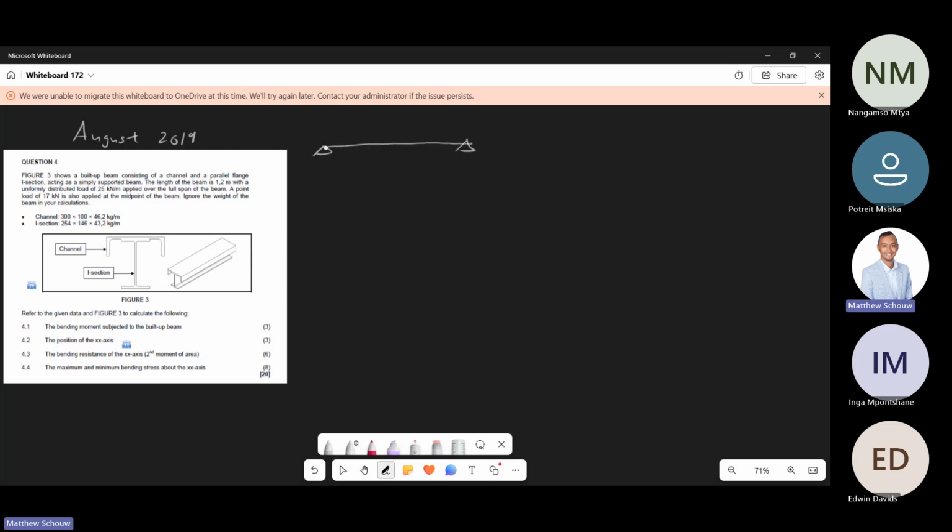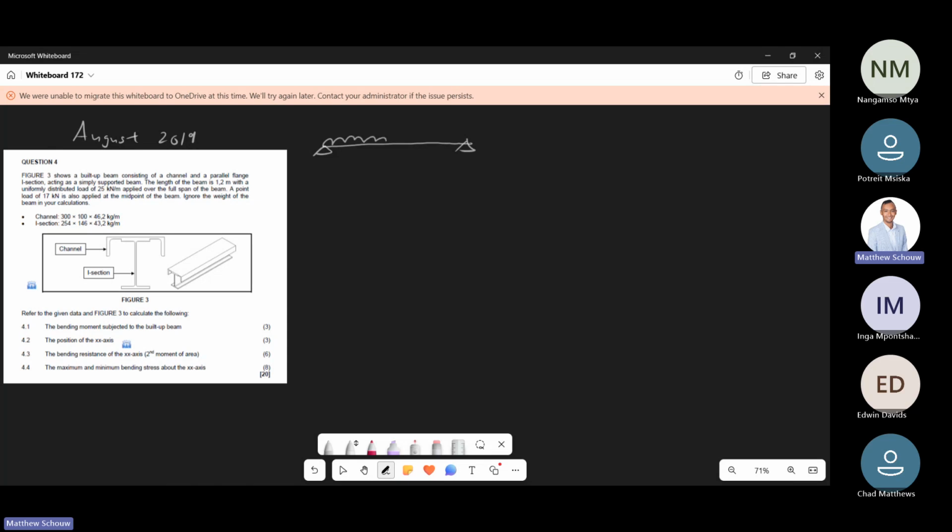And then we have a point load of 17 kilonewtons, seems familiar as the previous one, and we have a UDL of 25 kilonewton per meter. And they do state to ignore the weight of the beam.